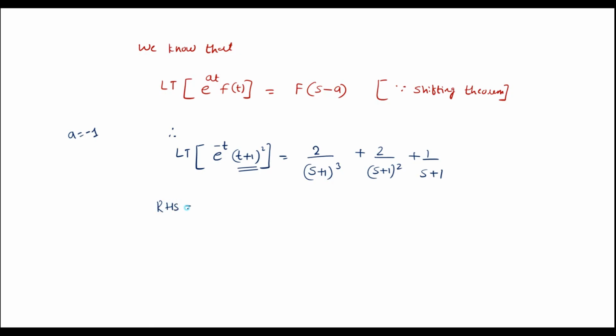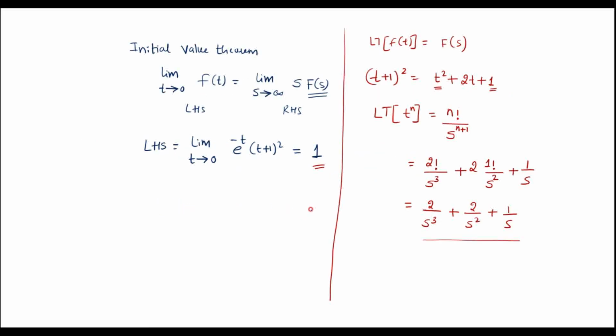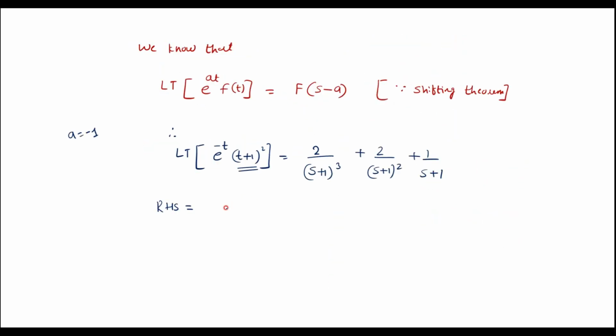That is RHS is equal to, here in initial value theorem RHS is s f of s. So s f of s will be equal to, now each term is multiplied by s, so we'll get 2s divided by s plus 1 whole cube plus 2s divided by s plus 1 square plus s divided by s plus 1.